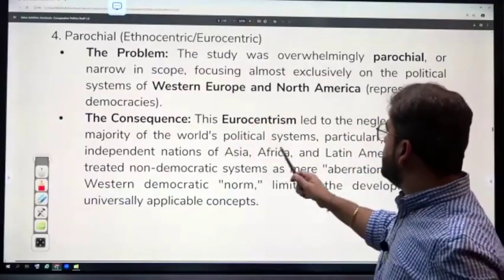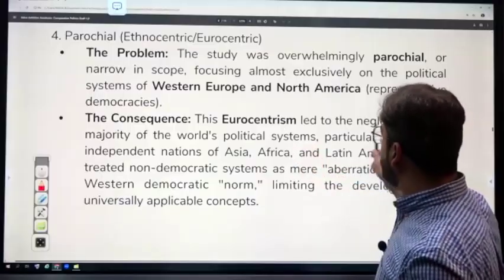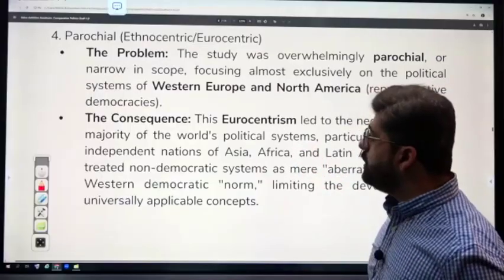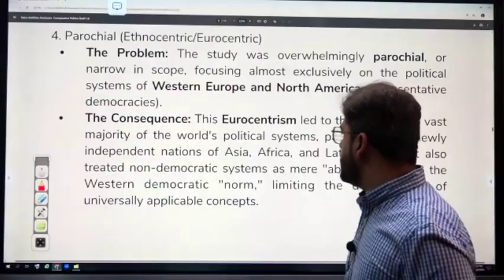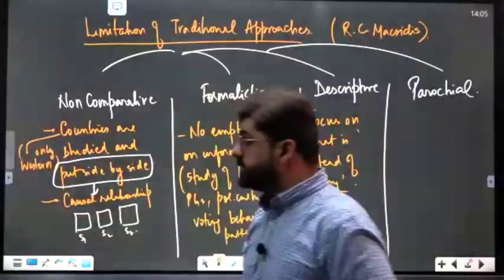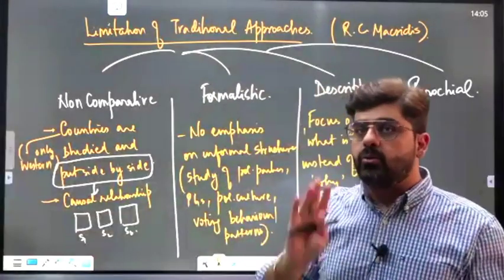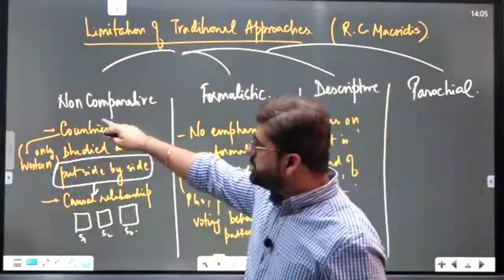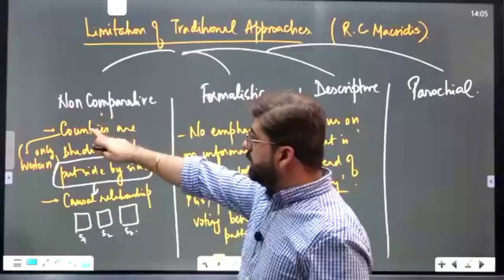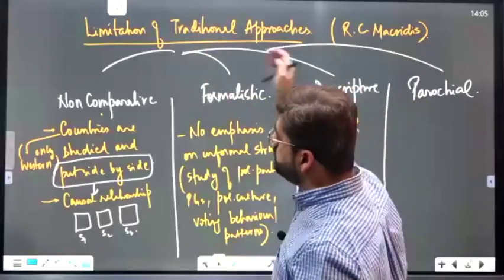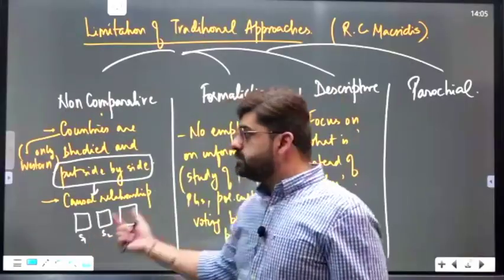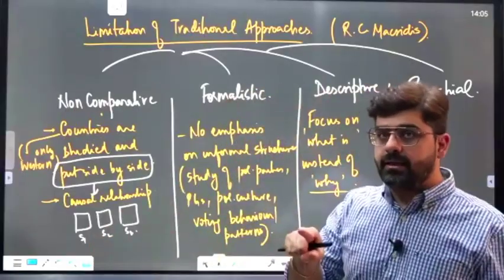The consequence was that this Eurocentrism led to the neglect of a vast majority of world's political systems, particularly the newly independent nations of Asia, Africa, and Latin America, as a result of which our study again is not actually truly comparative. Because it is non-comparative, it is also parochial. Because it is non-comparative, it ends up being descriptive instead of being analytical.